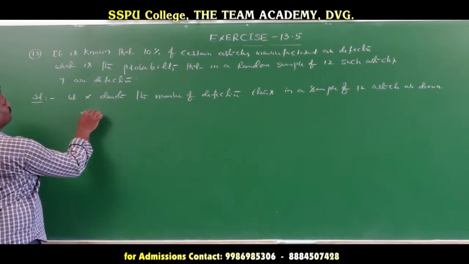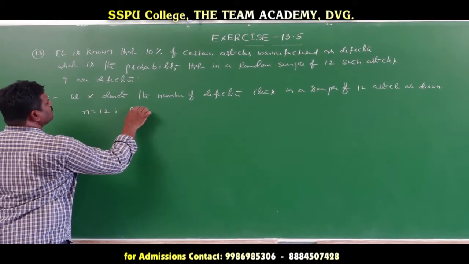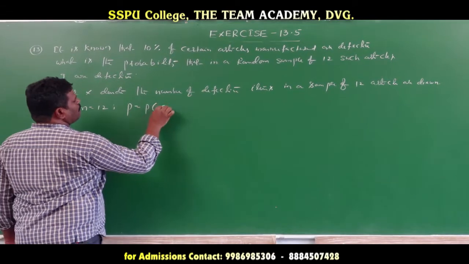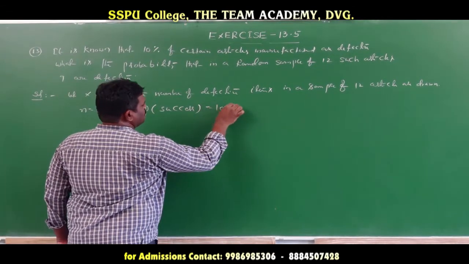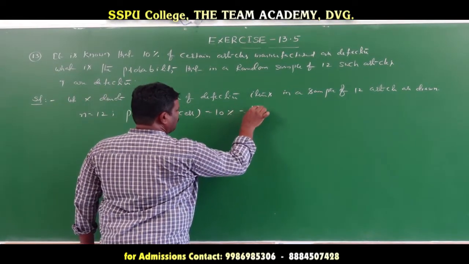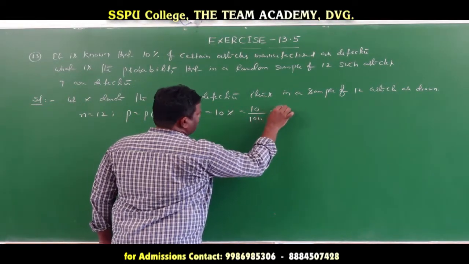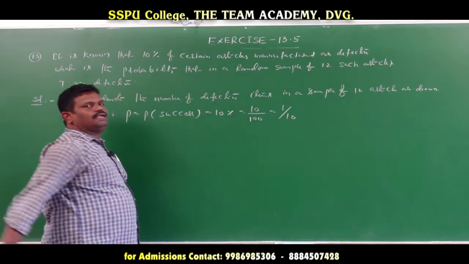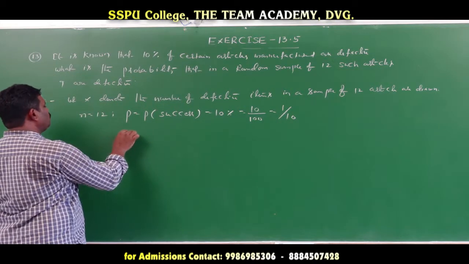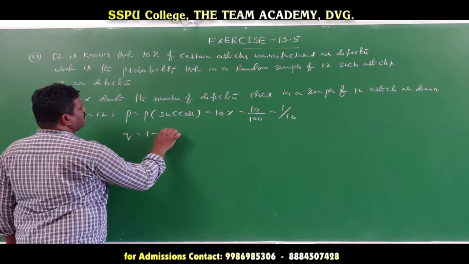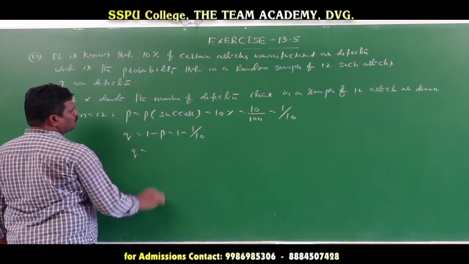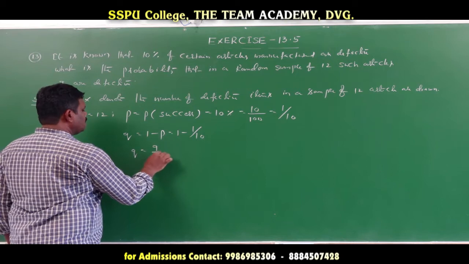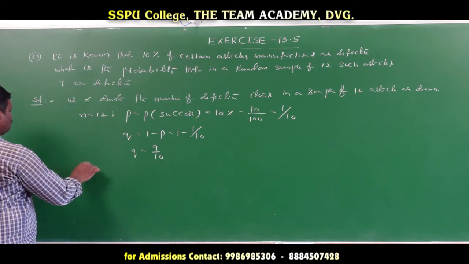So N is equal to 12. P is the probability of success, 10%, which is 10 by 100, that is 1 by 10. Q is equal to 1 minus P, 1 minus 1 by 10, so Q is equal to 9 by 10.